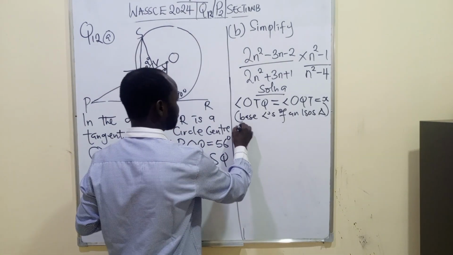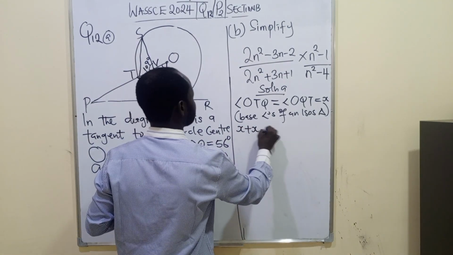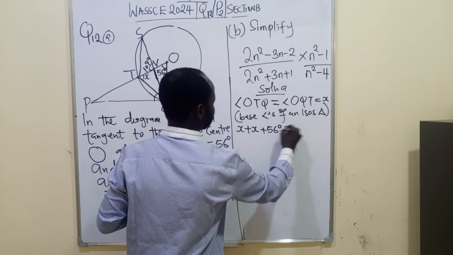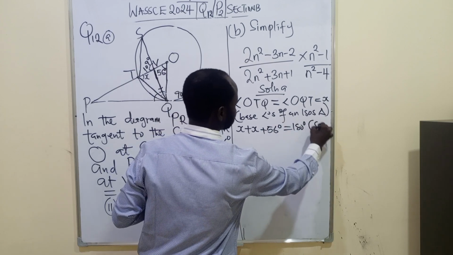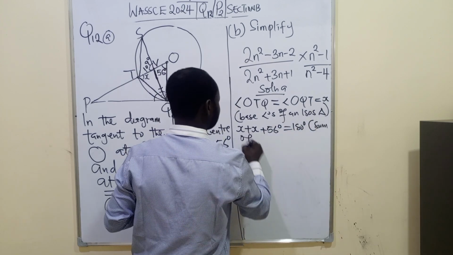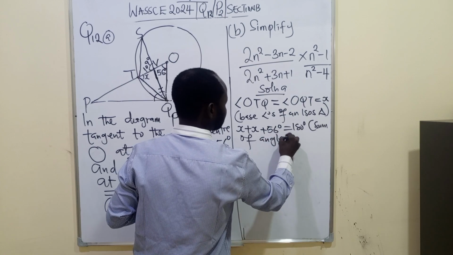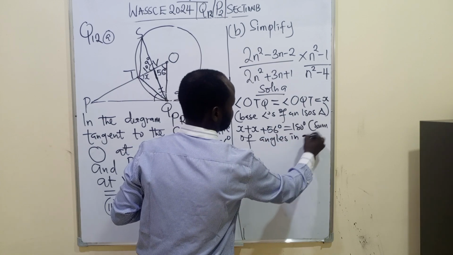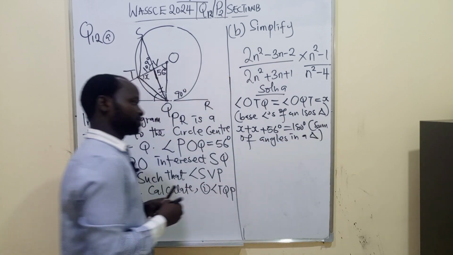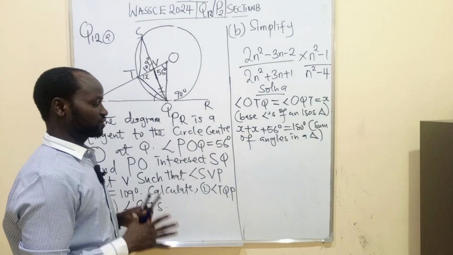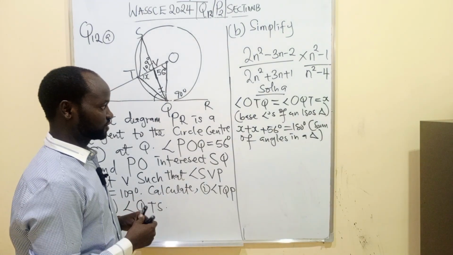So x plus x plus 56 degrees equals 180 degrees. Reason: sum of angles in a triangle sum up to 180 degrees.